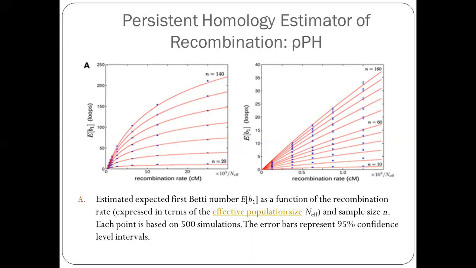The sample size here is n. We see that the estimated Betti number is directly proportional to the recombination rate, and the second image on the right is the zoomed in image of the first one to give a clearer picture.